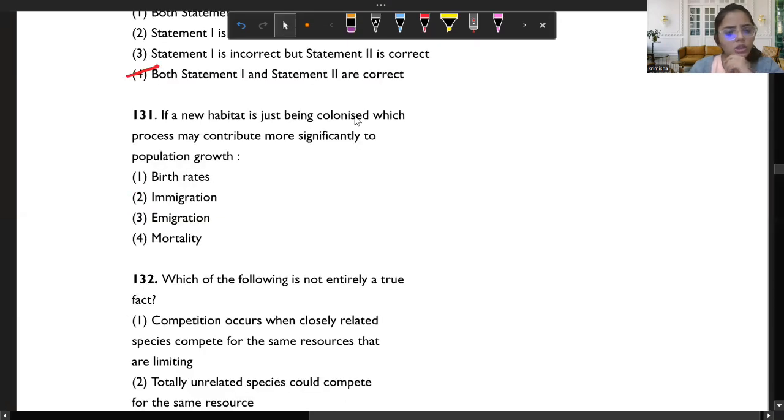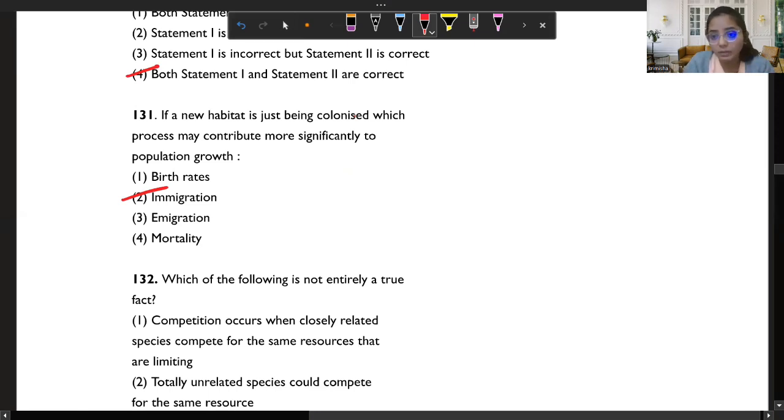Moving on to question 131. If a new habitat is just being colonized, which process may contribute more significantly to population growth? Okay, immigration. A newly colonized habitat requires people to come in there and live and then reproduce to produce new children. Reproduction does not happen without people.